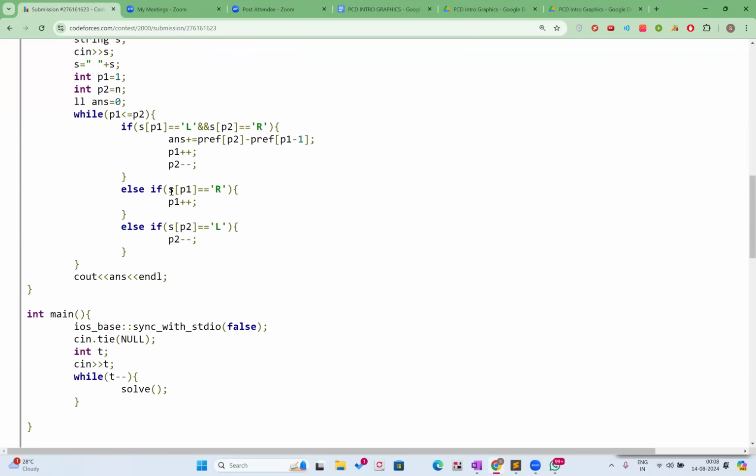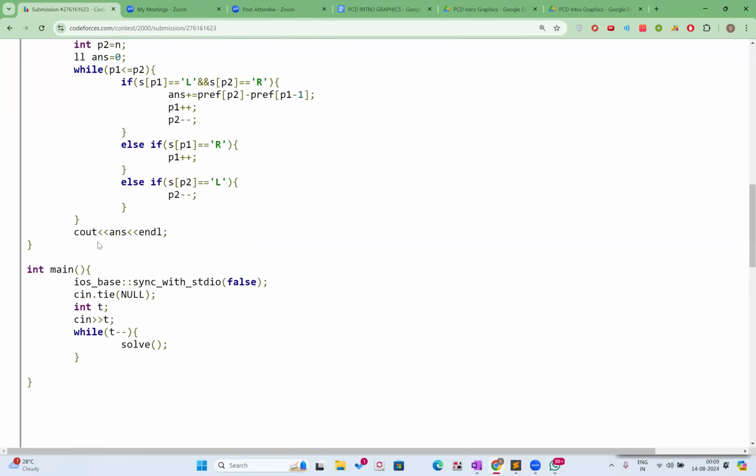Otherwise, the character at P1, the lower pointer, should always mark to an L, not an R. So if it is marking towards an R, we'll just increment the lower pointer. And if the higher pointer marks to an L, we always want the higher pointer to mark at an R, so if it marks to an L, we'll just decrement the higher pointer. And the final answer can be printed.